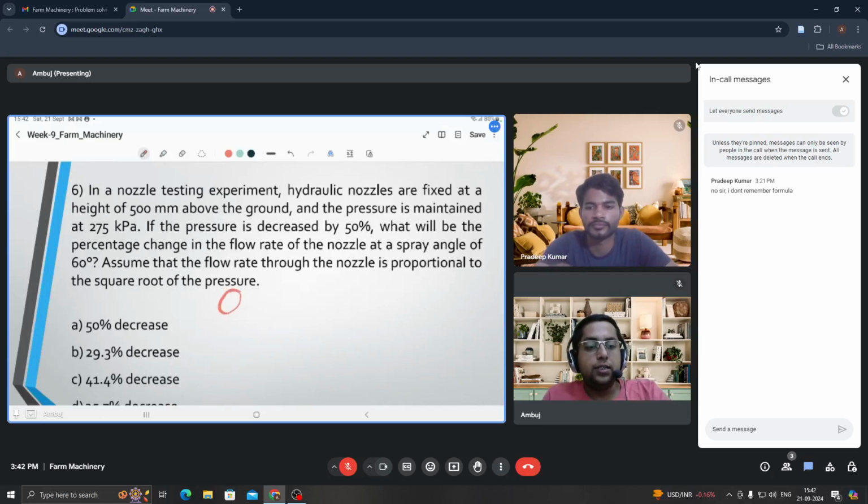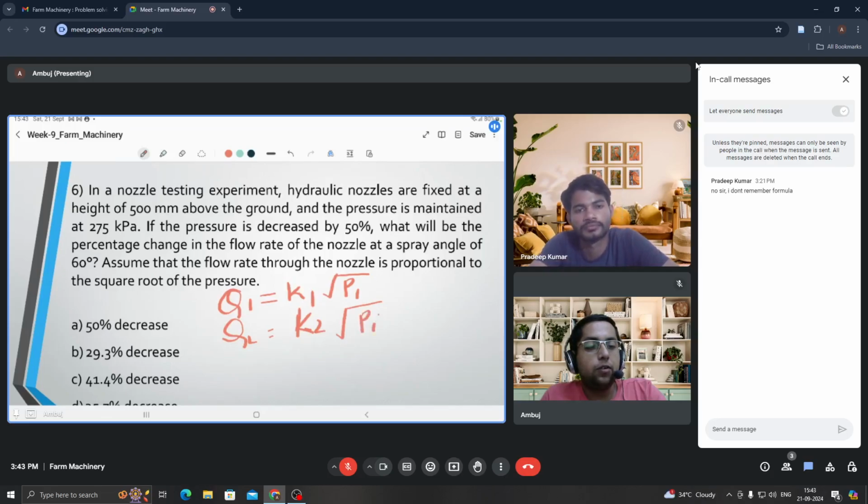See here, discharge rate is directly proportional to the square root of pressure only. It is not dependent on height above the ground. It is not dependent on your spray angle. It is directly proportional to root of pressure. So I have incorporated this coefficient K1 root of P1. Then Q2 is K2 root of P2, where P2 is equal to 0.5 times P1.